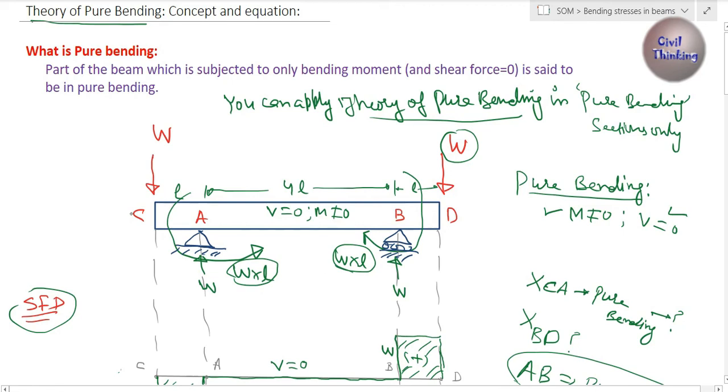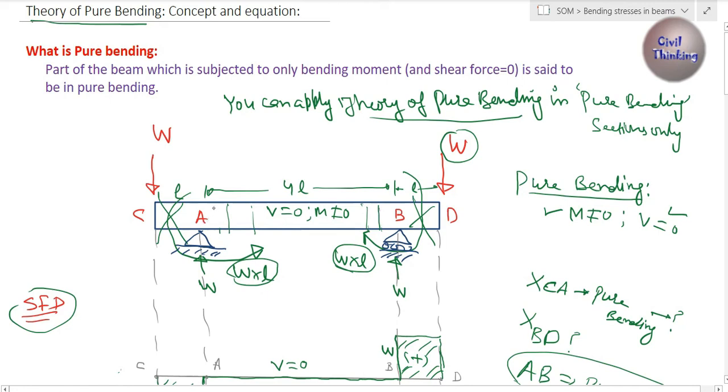You cannot apply the theory of pure bending or theory of simple bending in the CA part, right? You can't apply it here. Also, you cannot apply the theory on any of the sections between B and D, but you can apply the theory of pure bending at any section. Let the section be this or this or this, whatever.